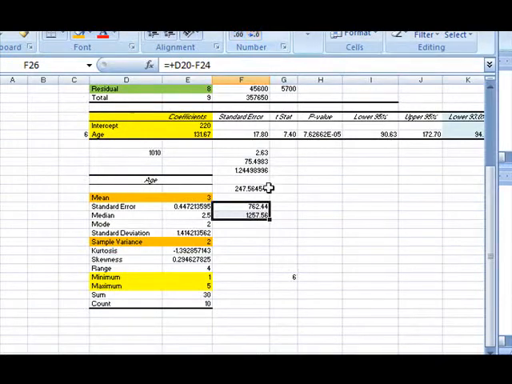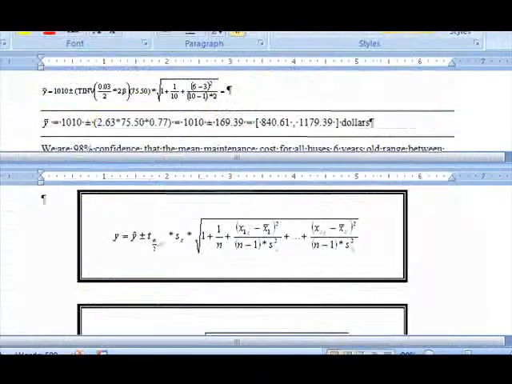So notice that it is a value between 700, let's see if it is correct, we have here 247.56, and it is between 762.44 and $1257.56. So we are 90.